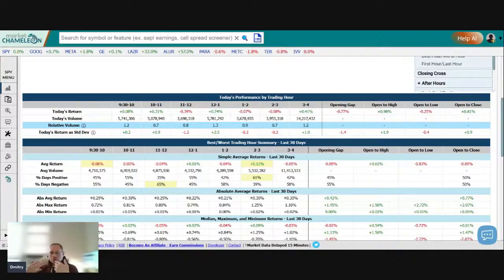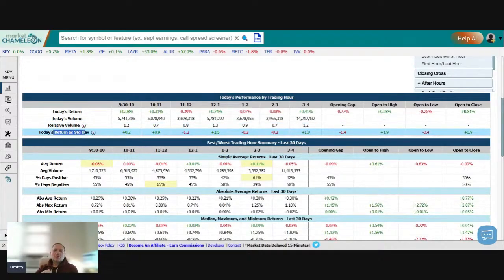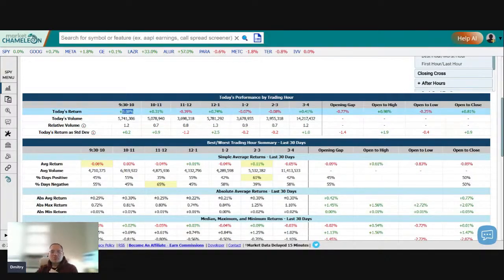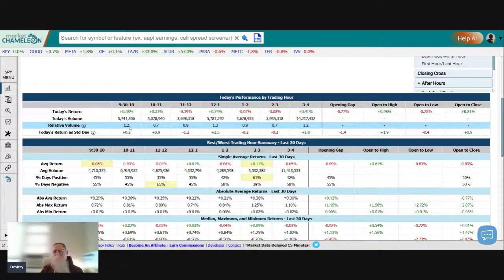In addition to that, we have this return based on the standard deviation of returns. So this gives us another relative movement. Is this 0.08%, for example, which we see is positive between 9:30 and 10, so the first half hour has a positive return, but is this return within the typical range? Is it outside the typical range?